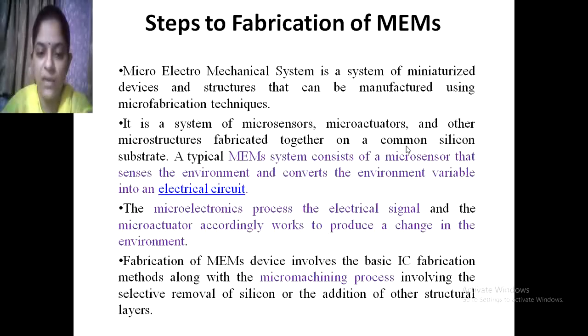So the fabrication processes used are the same as IC fabrication along with the micromachining process.